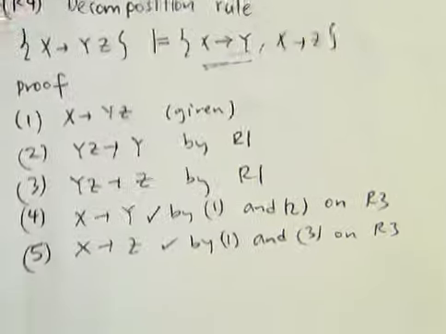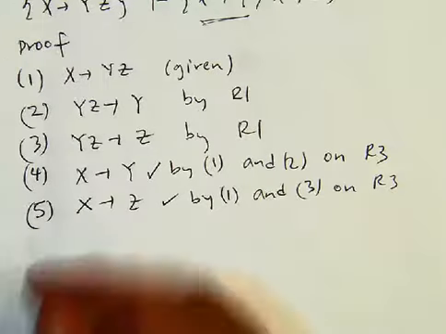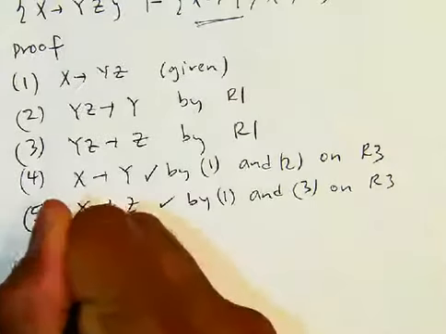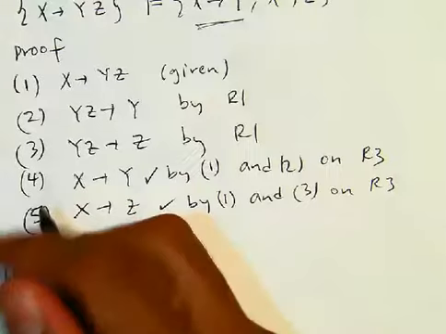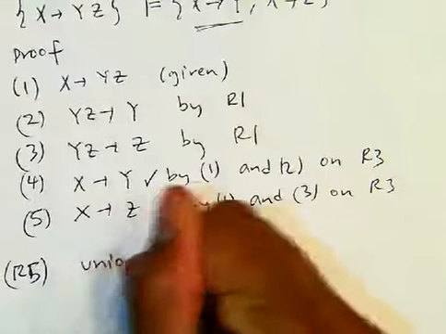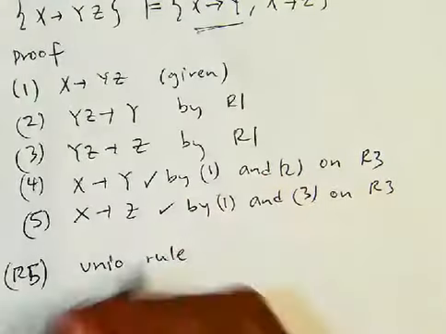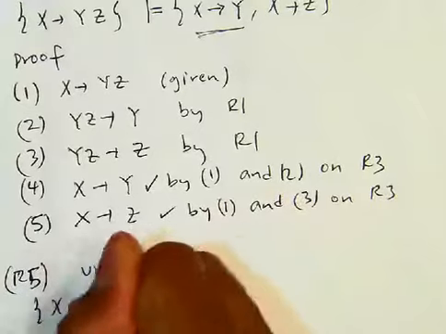Now let's do the same with R5. R5 is the union rule. So for the union rule, we have this.